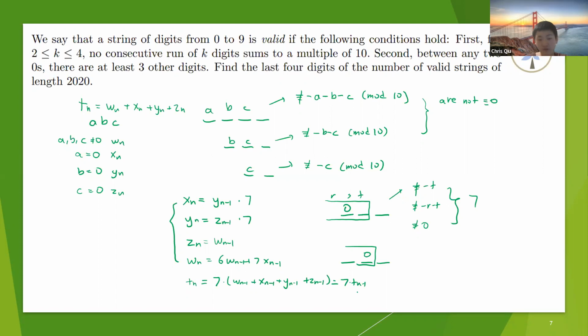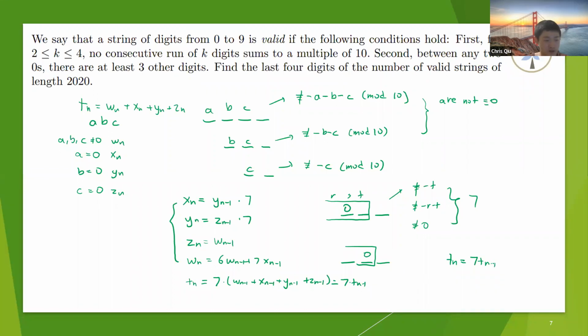And so now we can create a really simple closed form of this number of valid strings T n. But currently we have a recursive equation. We can get T n based on T n minus 1. So we want to change that.